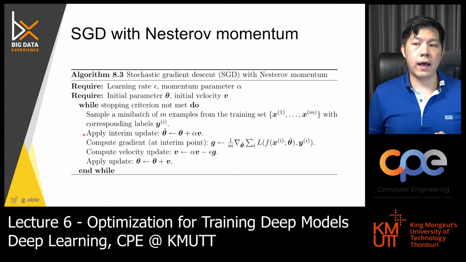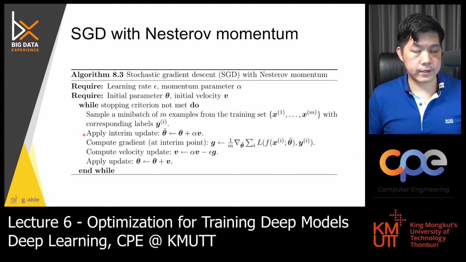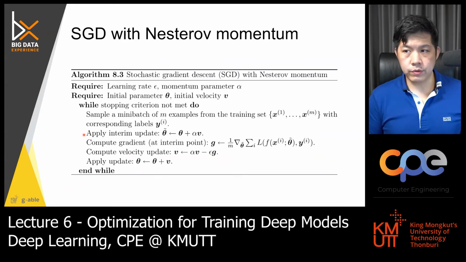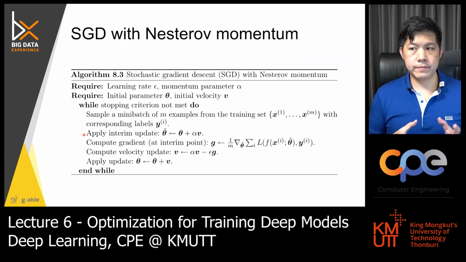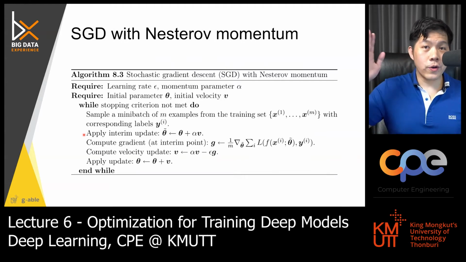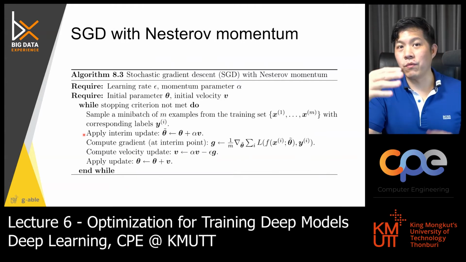We need to apply the interim update. The theta tilde comes from theta plus the velocity: suppose we go in the same direction, what would happen?